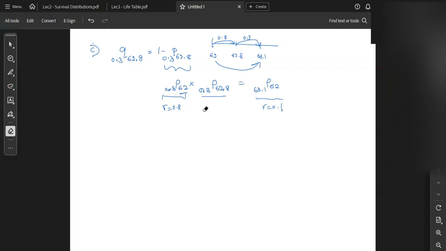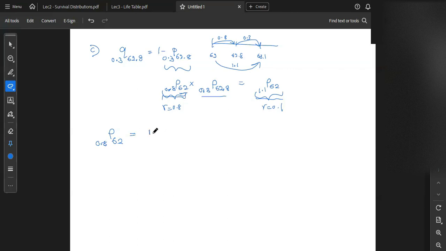So in here, sorry, it's not 63 because the age is 63. The jump is 1.1. So now it's clear. Let's find these two separately.